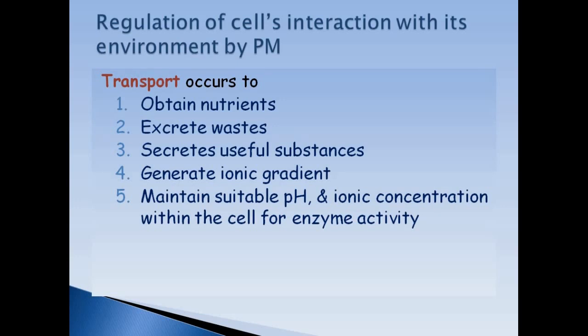Similarly, another function of the plasma membrane is to maintain pH. pH is important for the activity of enzymes. You know that enzymes require a specific pH for their function. If this specific pH is there in the cell, then the enzyme will be active. That's why the cell maintains its pH through the plasma membrane.